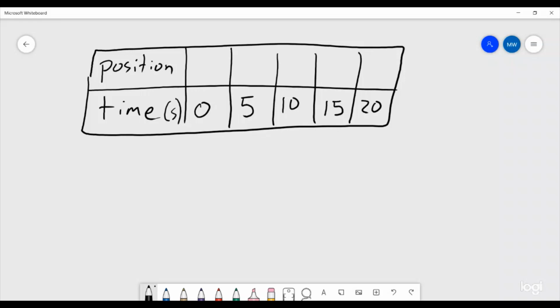And then our position might be different values here, so maybe it's 3, 12, 13, 21, and 23, for example.